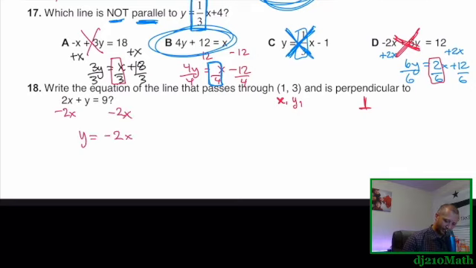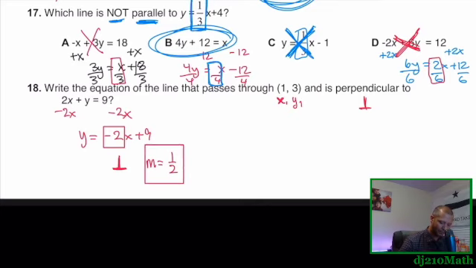This is y equals negative 2x plus 9. So the slope of this line is negative 2. But we want perpendicular to this slope, so I have to flip it and change it. The slope we're going to work with is positive 1/2. You change it from negative to positive and you flip it.